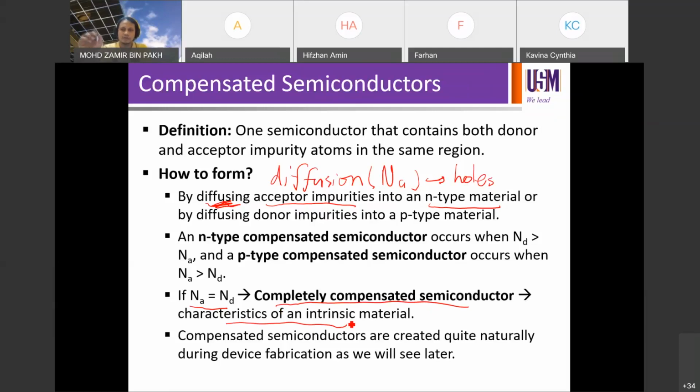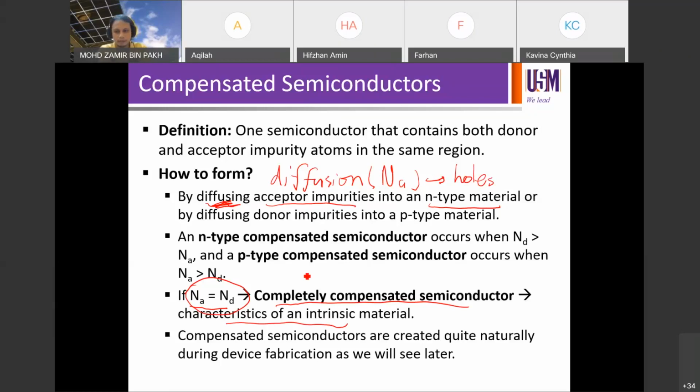It has the characteristics of an intrinsic material. So what happens when you have Na equal to Nd? What's your effective majority carrier in the silicon? Anyone? Apa maksudnya?